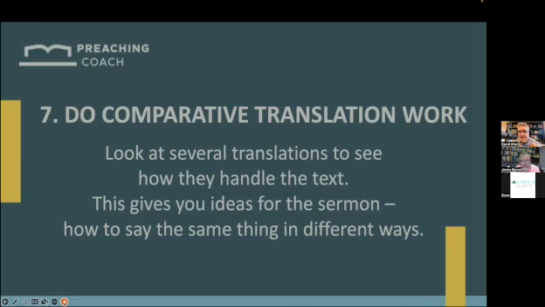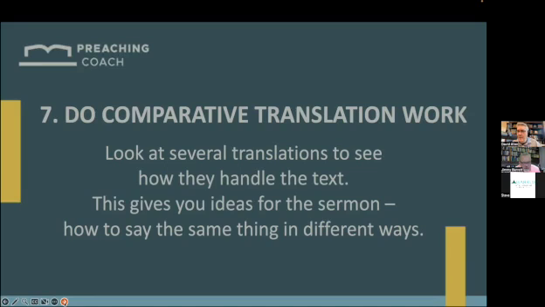This step is actually very helpful for sermon preparation because it gives you ideas for the sermon, and particularly how to say the same thing but in different ways. How do I say that cloud of witnesses? How do I talk about that cloud of witnesses over there in Hebrews 12, 1 through 3? How do I talk about that with endurance phrase?